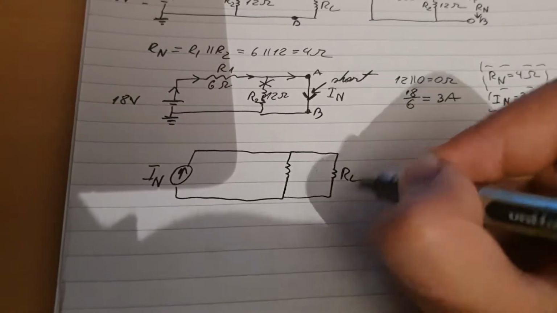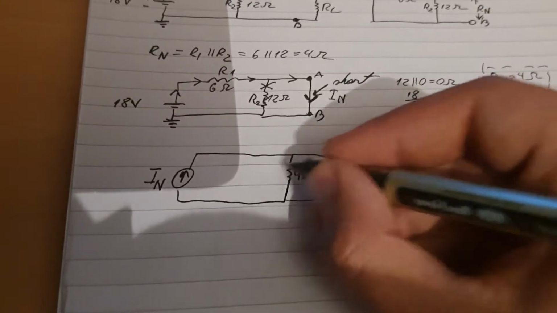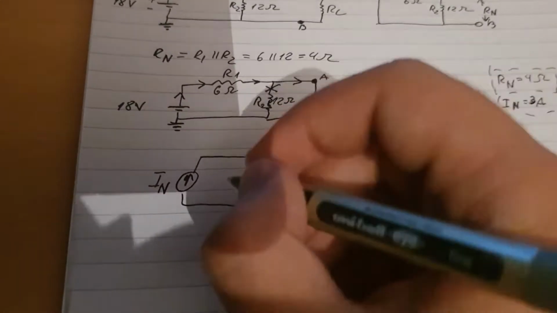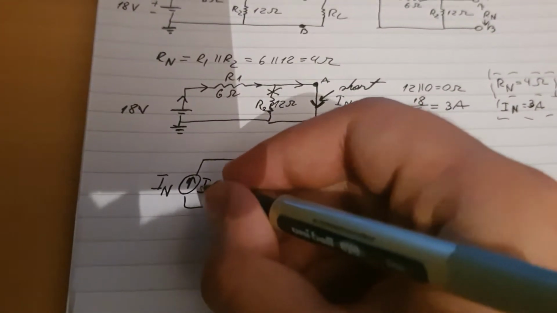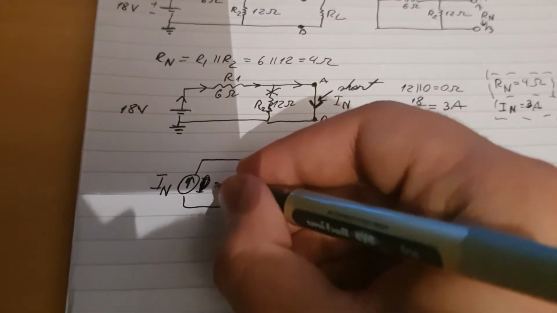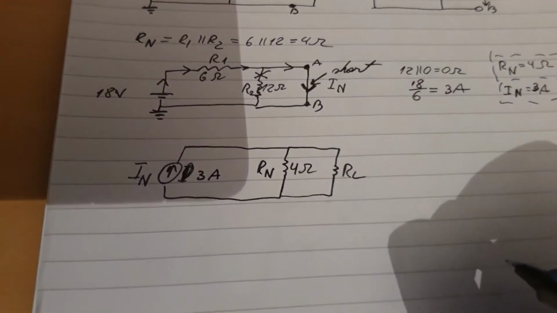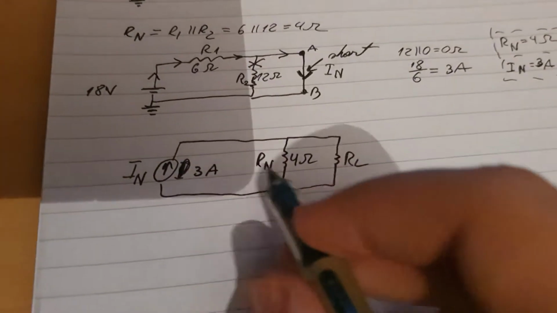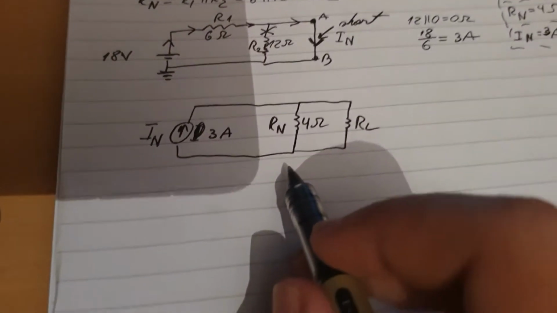So this will be RL, this will be 4 ohms, and it'll be Rn, and this one will be 3 amps, which will be In. So that's how it looks when you apply Norton.